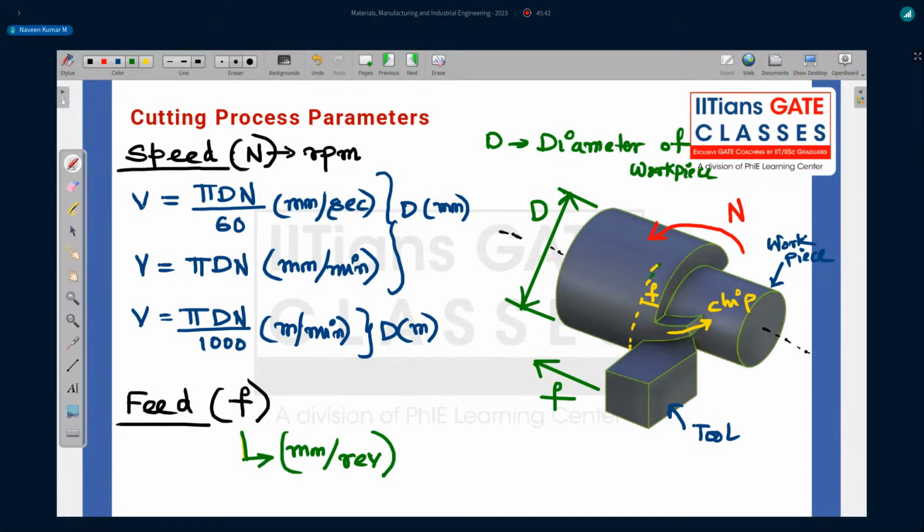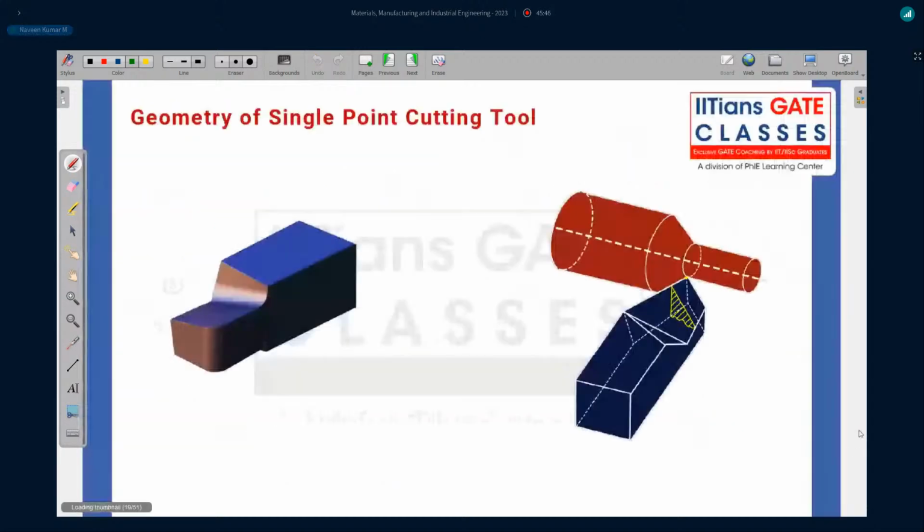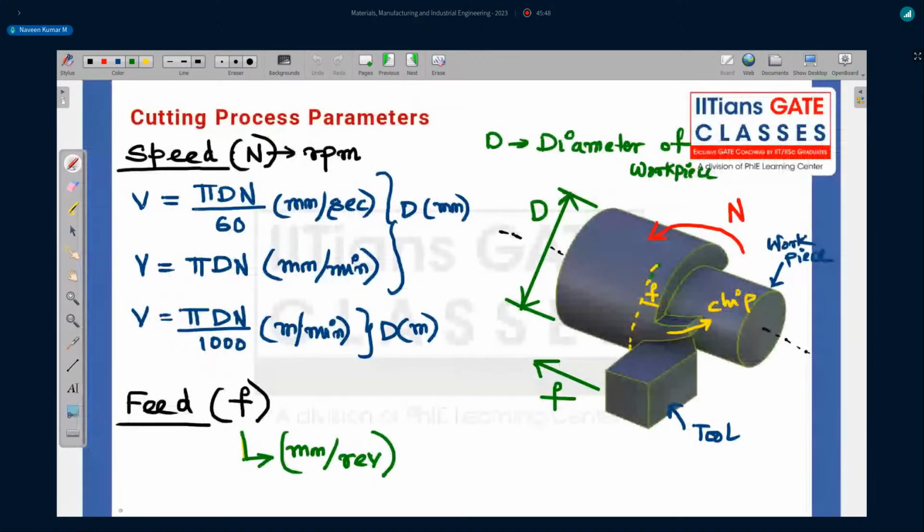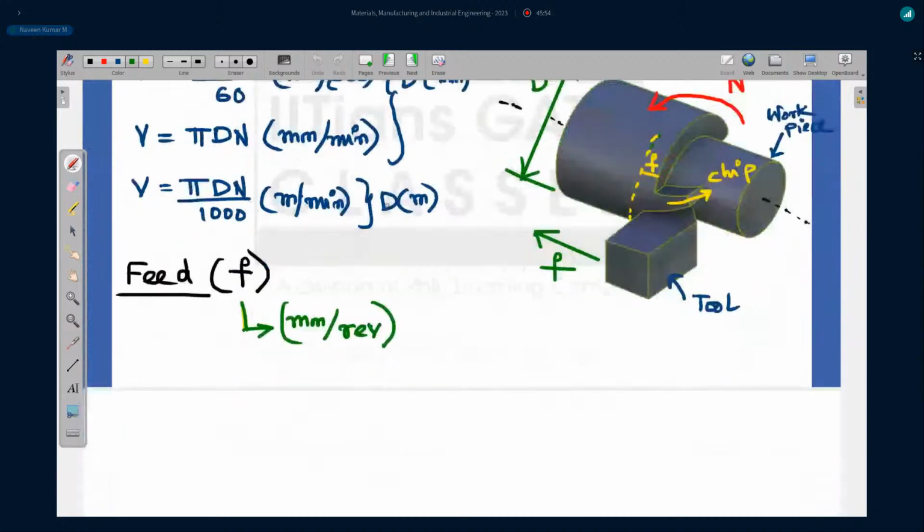Okay, next is depth of cut. Let me write that. Depth of cut, and it is denoted by small d.